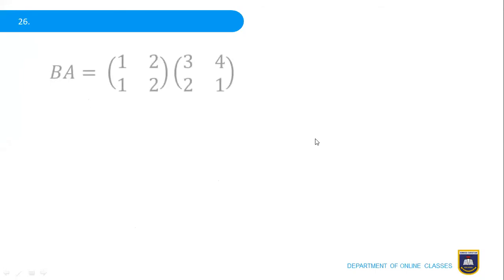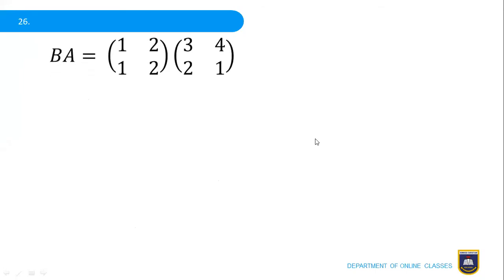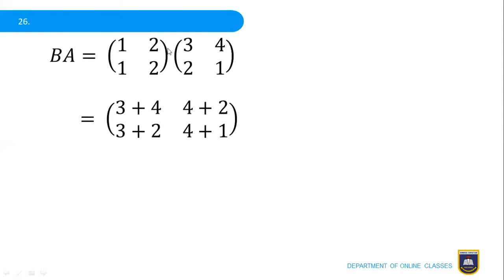So the first thing, BA. So we have the two matrices. If you multiply, you get the values 3 plus 4, 4 plus 2, 3 plus 2, 4 plus 1.